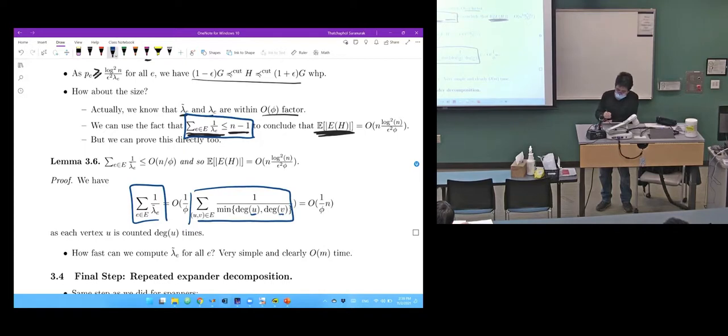Instead of summing over all edges, you can look at each node. How many times is each node charged? It is charged by 1.